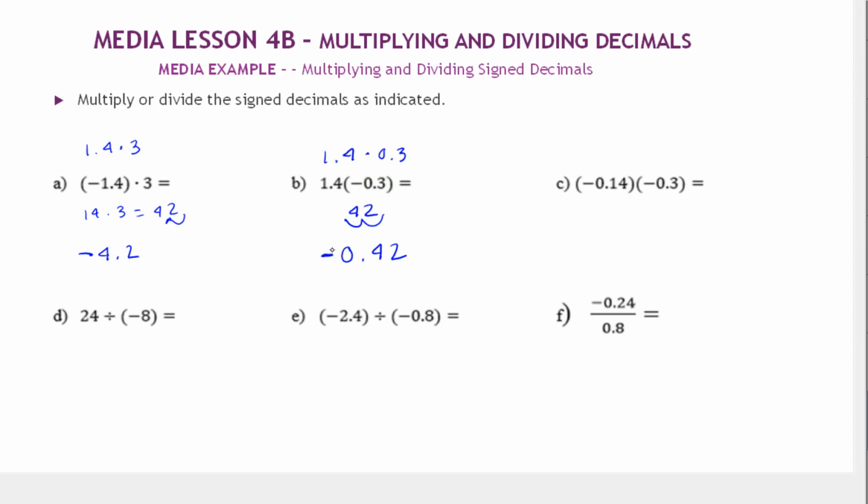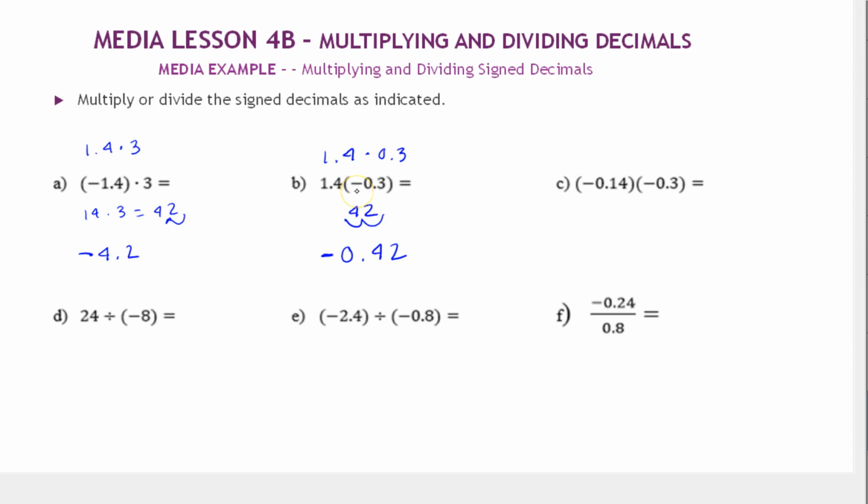Okay? And notice that this is a multiplication problem, and maybe that seems easy because we're in the multiplying and dividing section. But this can be a little tricky for students, and I completely understand why. It almost looks like 1.4 minus 0.3. But notice this is the sign.